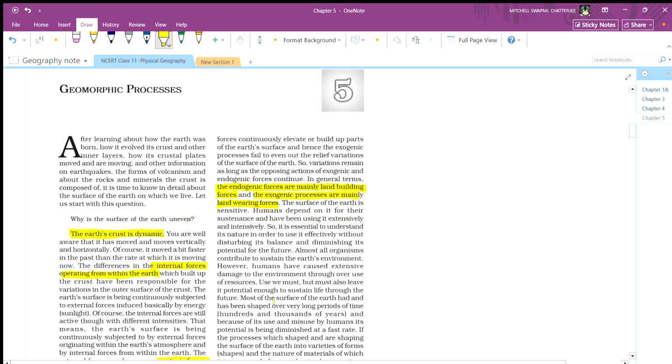Most of the surface of the Earth has been shaped over a very long period of time, hundreds and thousands of years, and because of its use and misuse by humans, its potential is being diminished at a fast rate.